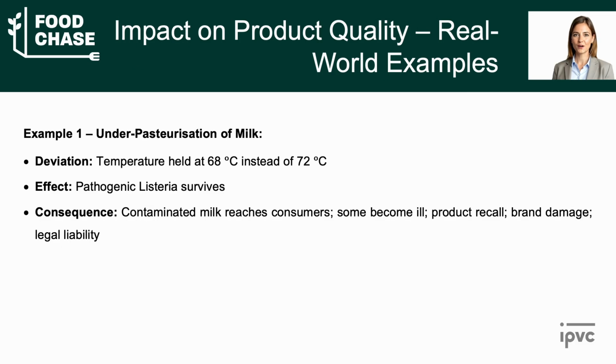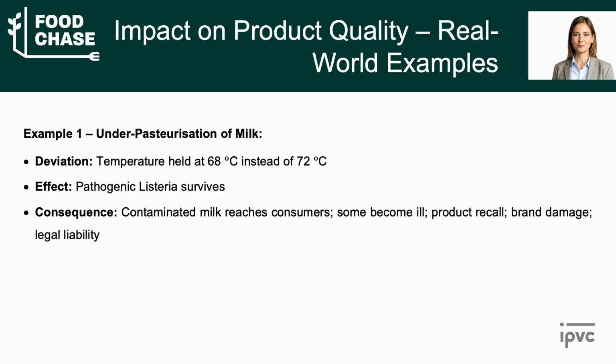Let me illustrate how parameter control directly impacts the real world. First, imagine a milk pasteurization plant where the operator does not monitor carefully and temperature drifts to 68 degrees. Listeria monocytogenes, which can cause serious illness in pregnant women and elderly people, survives that temperature.